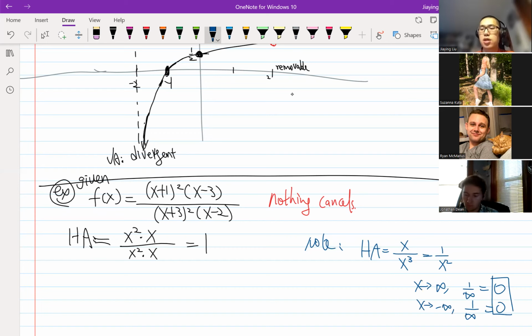So the 0 there would be my horizontal asymptote. If the leading terms don't cancel out and give us a nice number, we just plug in infinity for x and see what we end up with. But in this case, we get y equals 1, which is nice.